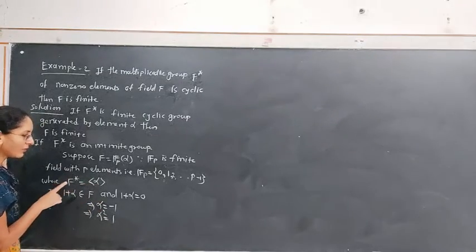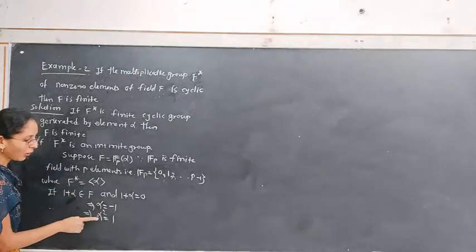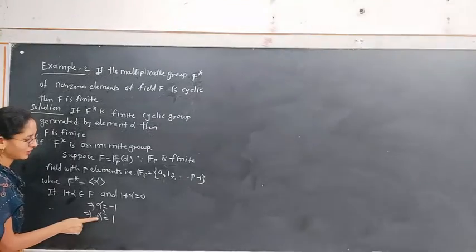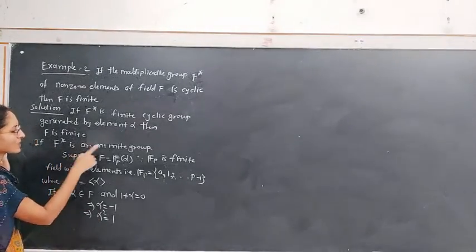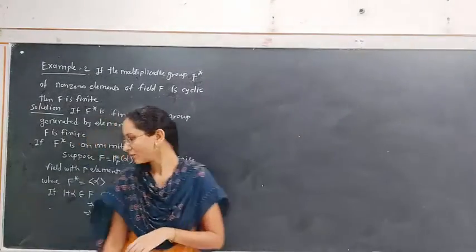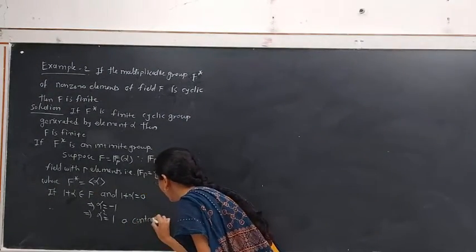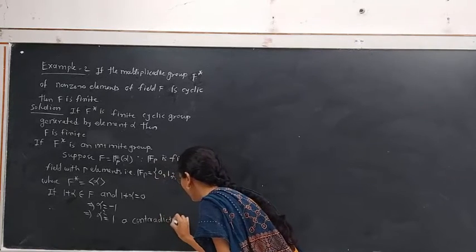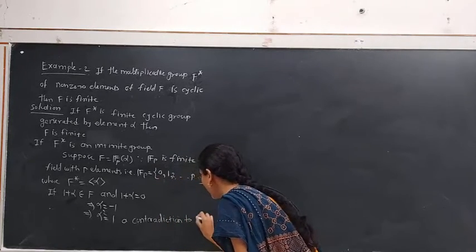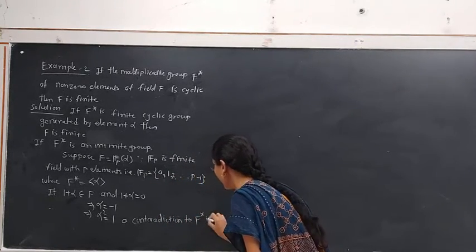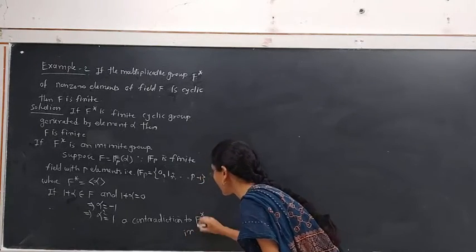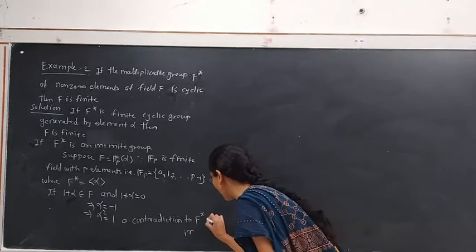Alpha is a generator of an infinite cyclic group, but the order of alpha is finite, a contradiction to our assumption that F star is an infinite group.